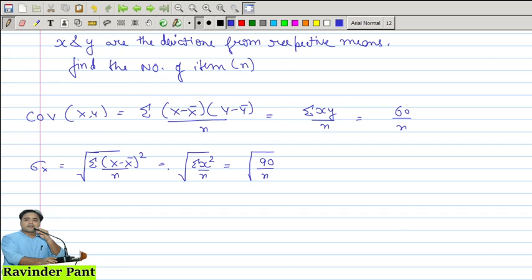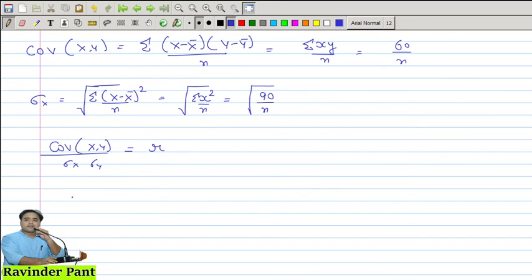How would R have been calculated? The direct way: covariance of x, y divided by standard deviation of x, standard deviation of y is equal to R. So now we have some values: 60 upon n divided by under root of 90 upon n multiplied by standard deviation of y is equal to 0.8. All these values are given.